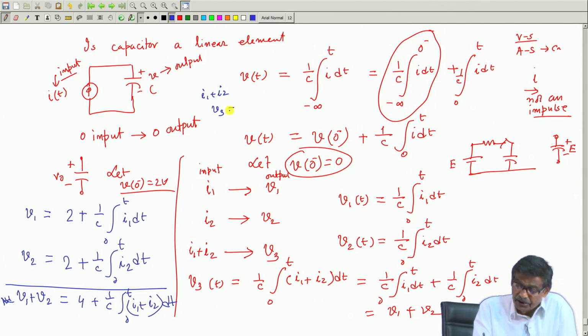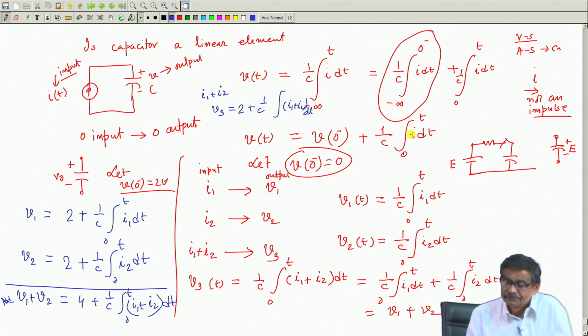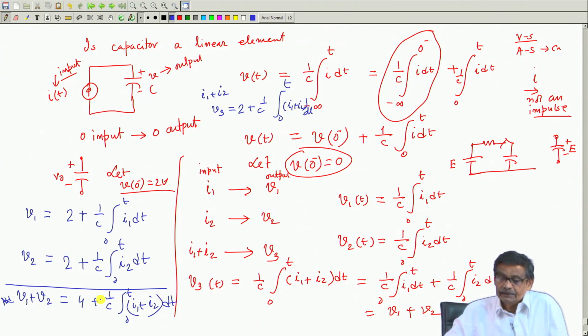Then V 3 should be equal to, with the same initial condition, 2 plus 1 over C integral from 0 to t of I 1 plus I 2 dt, which is not the same as V 1 plus V 2, it is 4. So, this term will spoil the linearity property of a capacitor if it has a non-zero initial voltage.